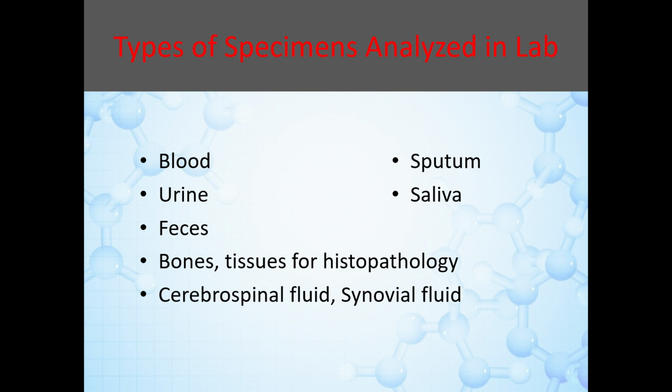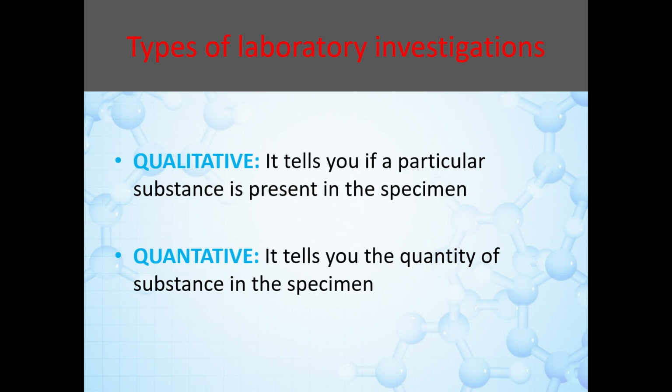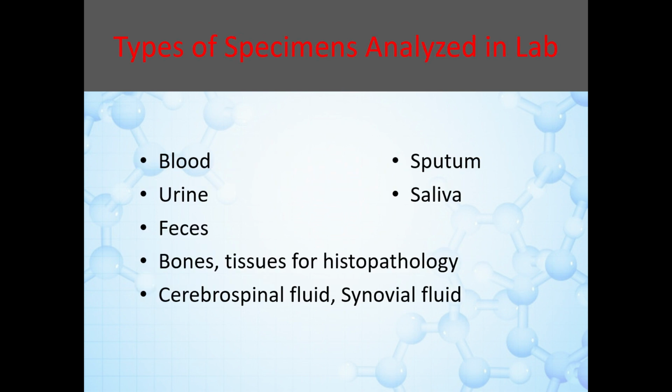Then we also send synovial fluid to rule out certain diseases like joint diseases. So this is the reason why we send the various specimens, to get the patient tested for certain diseases so that we can reach a diagnosis.